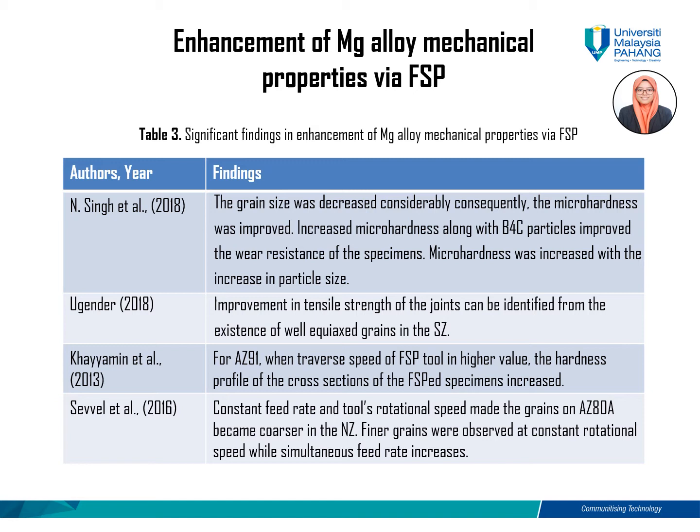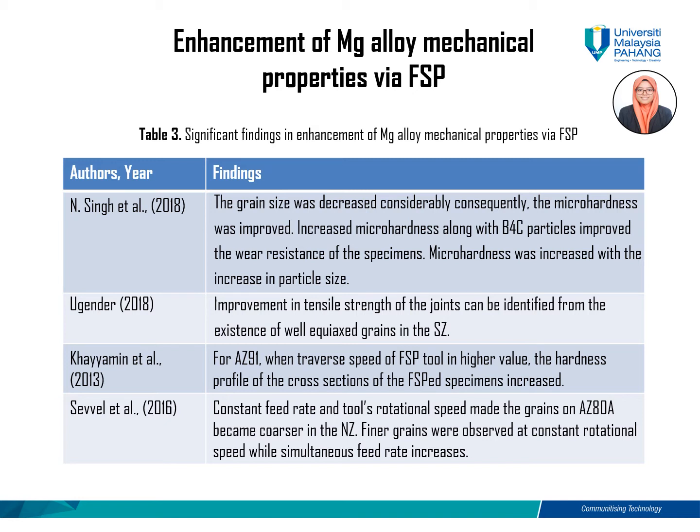Moreover, Kayami et al. explained that for AZ91, when the traverse speed of the FSP tool is higher, the hardness profile of the cross sections of the FSP specimens increases.